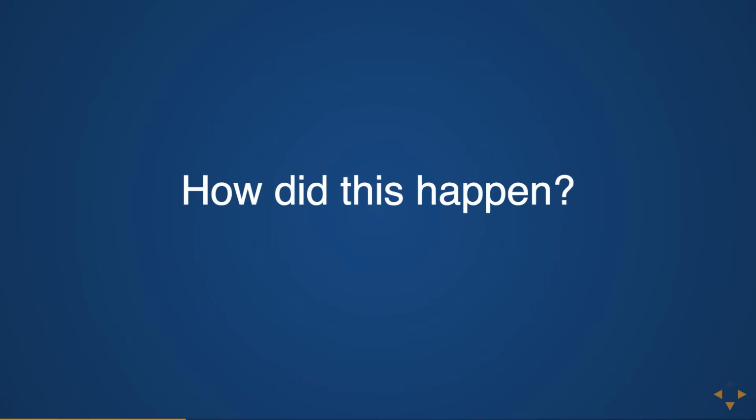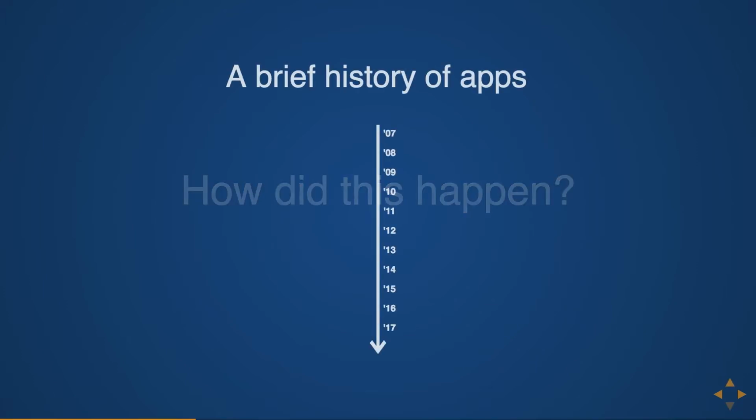Let's talk about how we got here. How did this happen? It's a brief history of applications. Native mobile apps have a prehistory. Contrary to popular belief, iOS and Android were not the first to do mobile apps. We had this on Palm, we had this on RIM, we had some stuff before. It was usually small utilities.